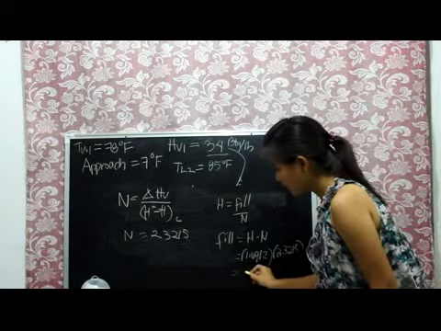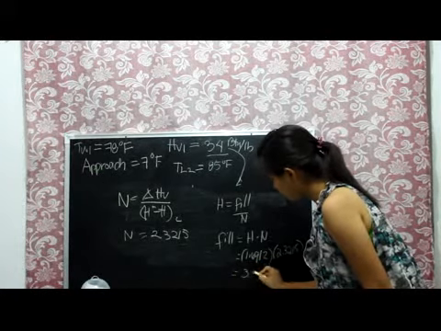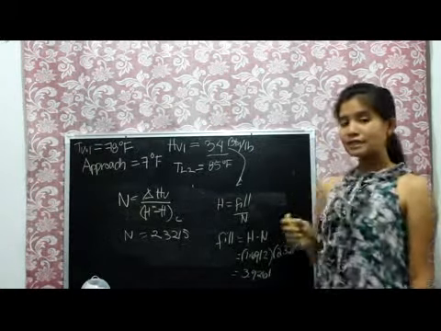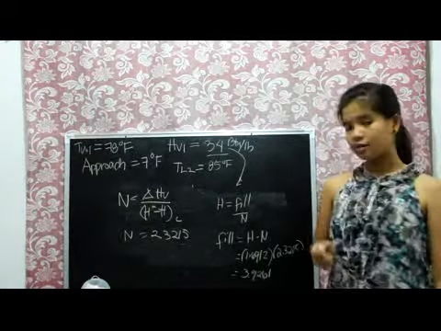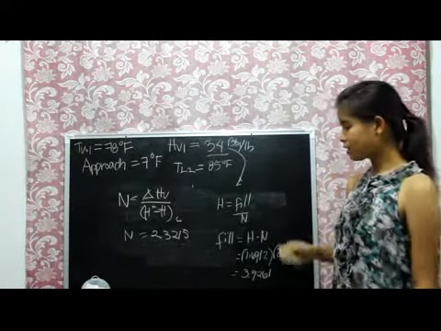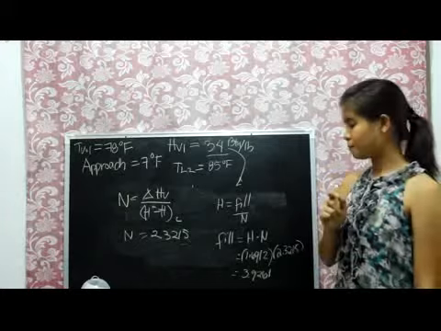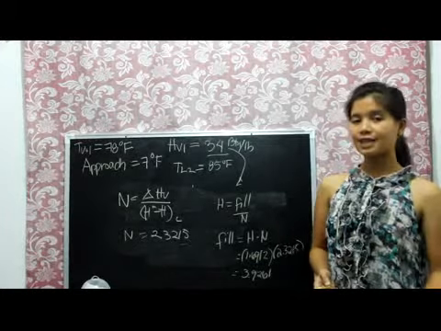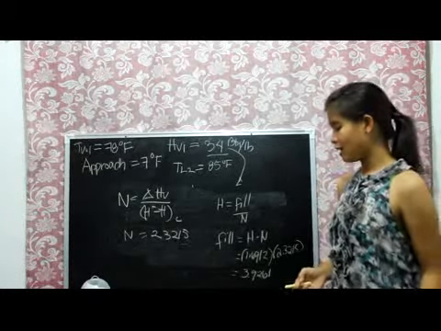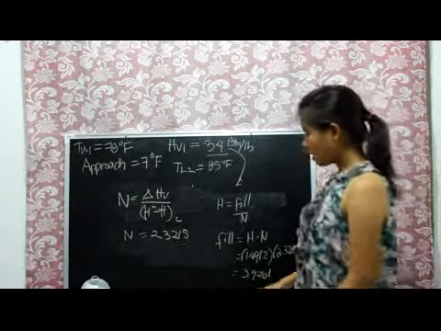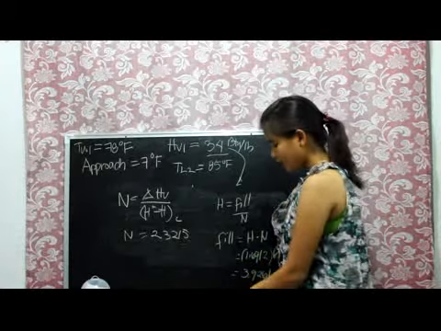The answer would be 3.9261. Since 3 feet is already available for us, approximately an additional foot of fill is needed. So that's the answer for the last part of sample problem number 1, that we need an additional foot of the fill. So let's now proceed to the second problem.